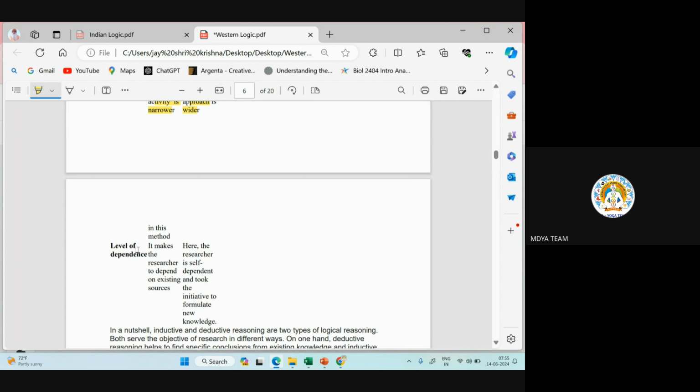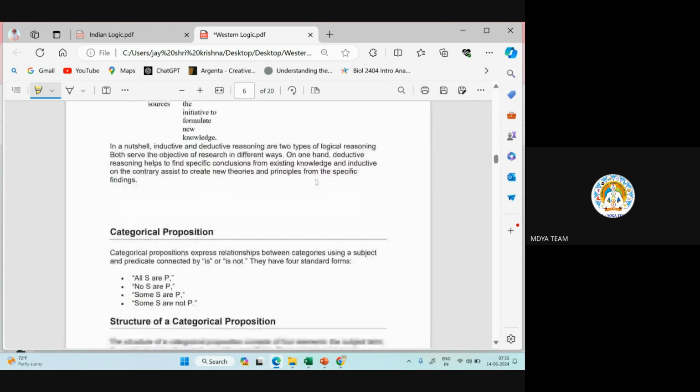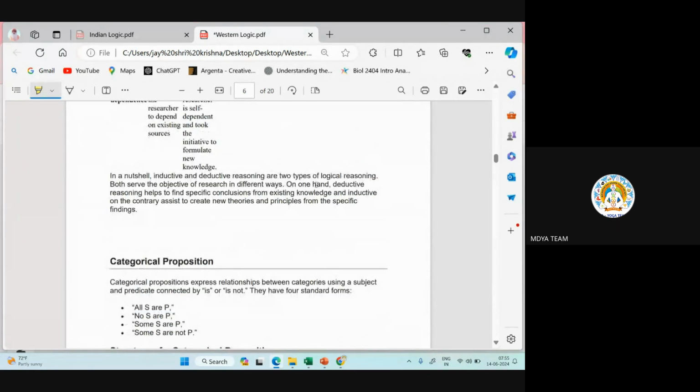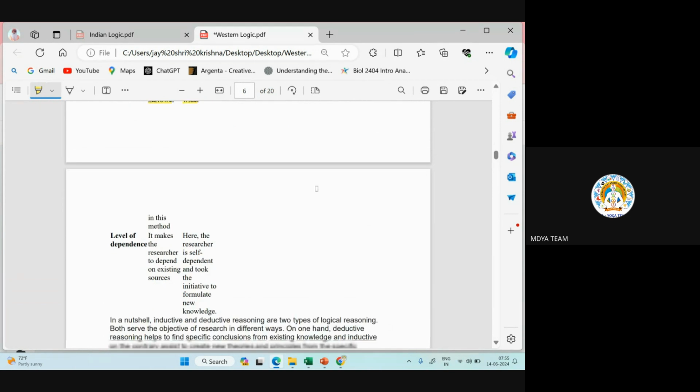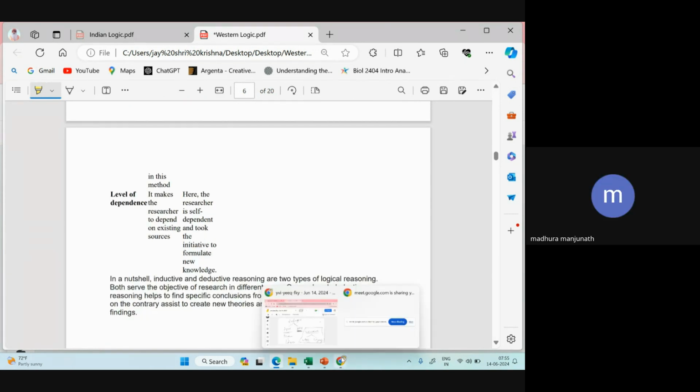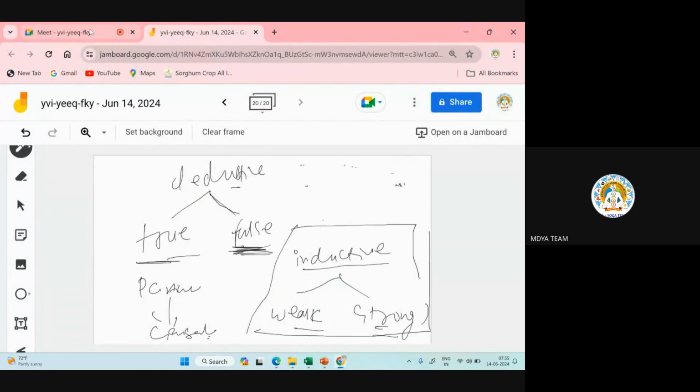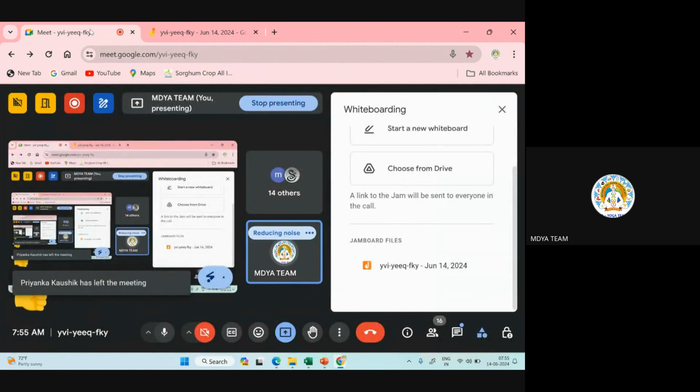Yes, in deductive reasoning you need some already proved theorem, an already proved law, then you can come to particular cases, but it will not happen in inductive reasoning. So this is all about inductive reasoning and deductive reasoning. Everybody understood this? Yes, sir. Any confusion? Any doubt?